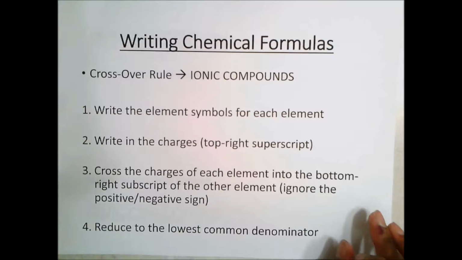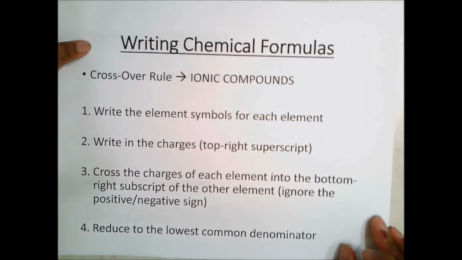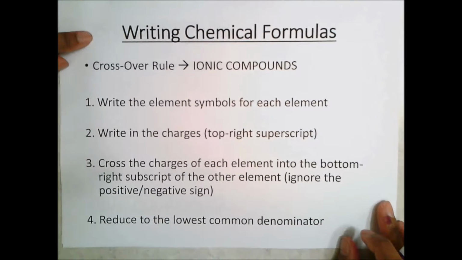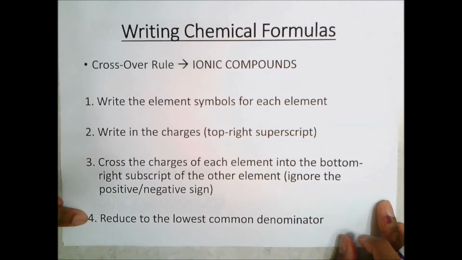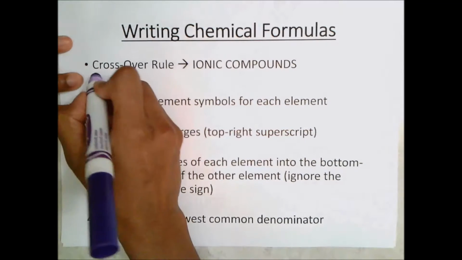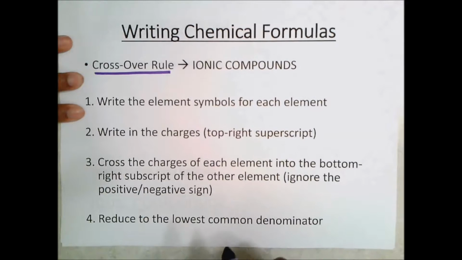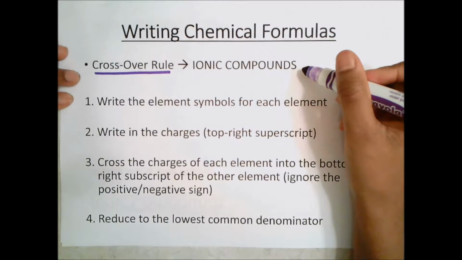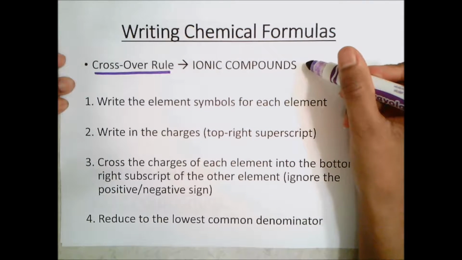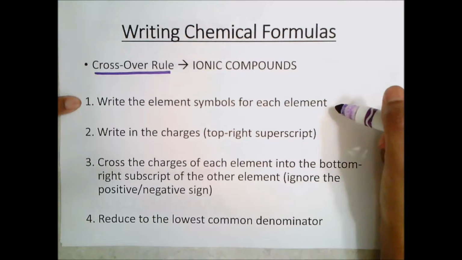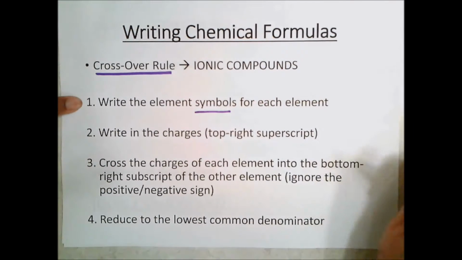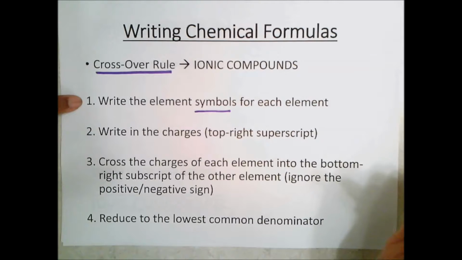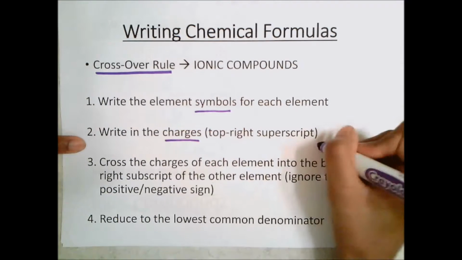How do we actually write our chemical formulas? It's a very simple set of rules that we're going to be following, and here are the basic rules. It's called a crossing over or crisscross method, and this is specifically for ionic compounds that we're going to be doing over the next few days. First, write the element symbols for each element and write their charges in the top right corner.